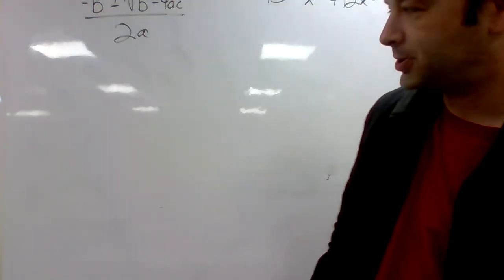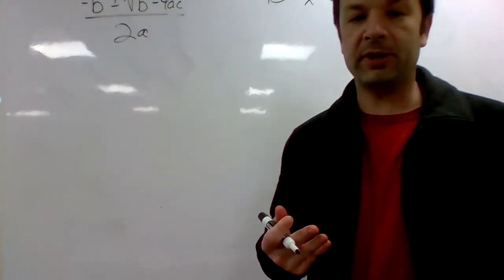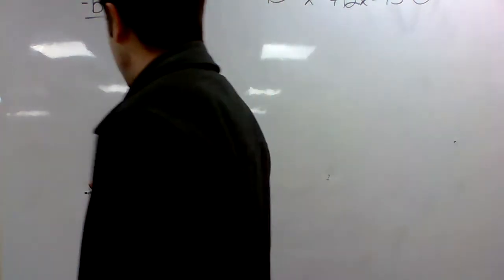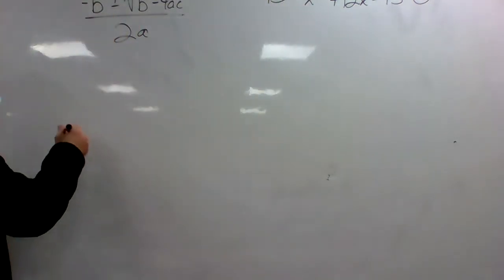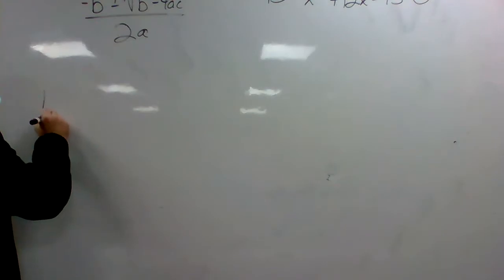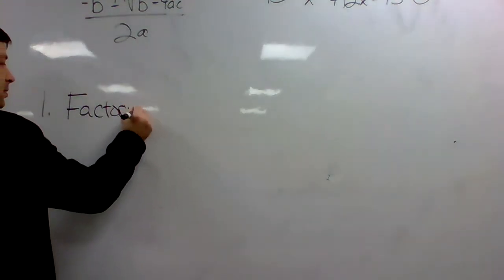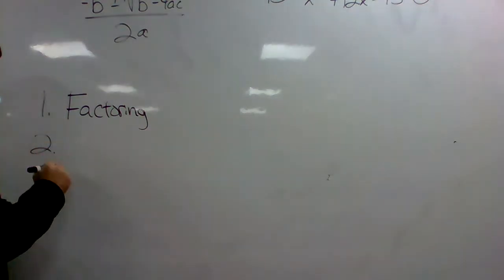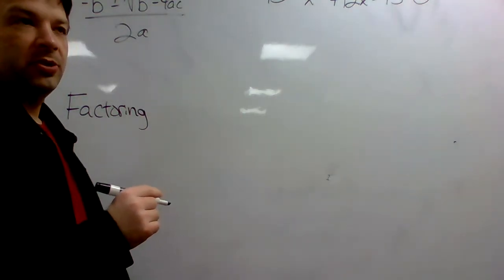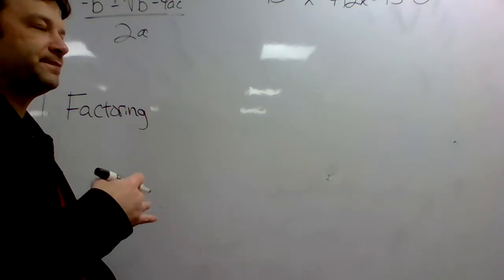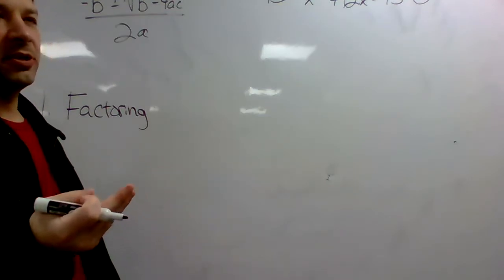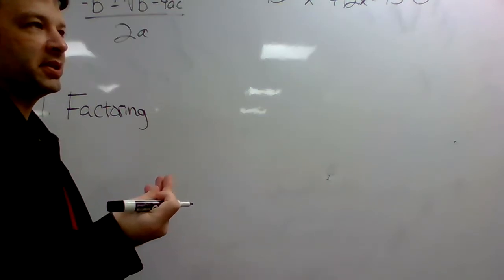And in its place, I'm going to talk about the 3 methods we learned last week. The first one was factoring. The second one was, it's hard to say this in a way that's simple.